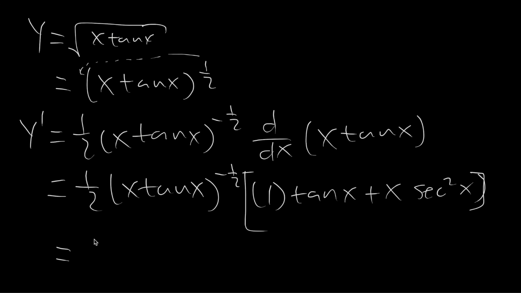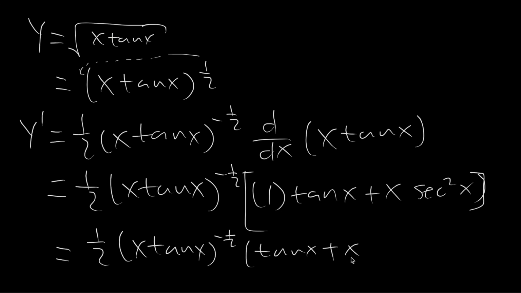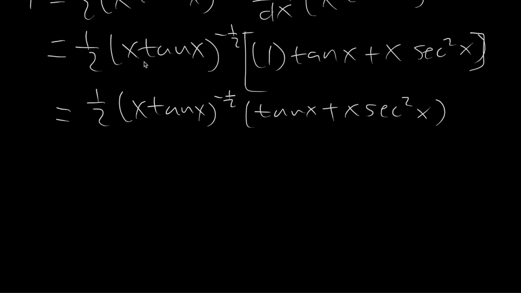It's equal to a half times x tangent x to the power of negative a half, times tangent x plus x times secant squared x. So just don't forget to take the derivative of x tangent x after you take the derivative of the square root of x tangent x.